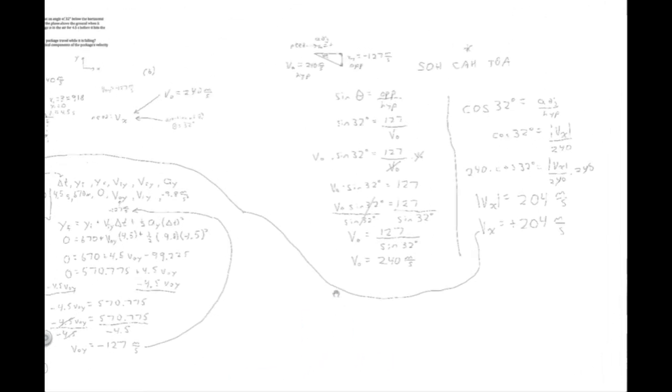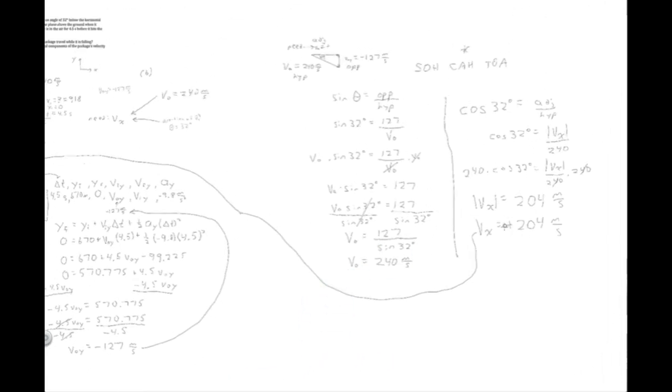Now, notice that when we figured out Vx, we figured out this horizontal velocity from V0, the velocity at time 0. But remember, Vx is constant. So the horizontal velocity we figured out at time 0 is still going to be the horizontal velocity we use at time 1. Same horizontal velocity everywhere on the path for projectile motion. We keep coming across how important that is for projectile motion.